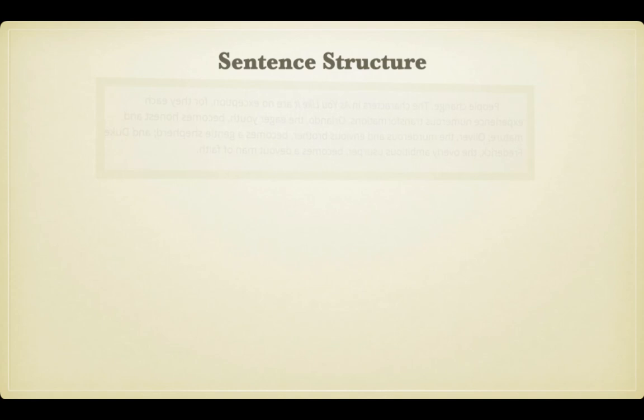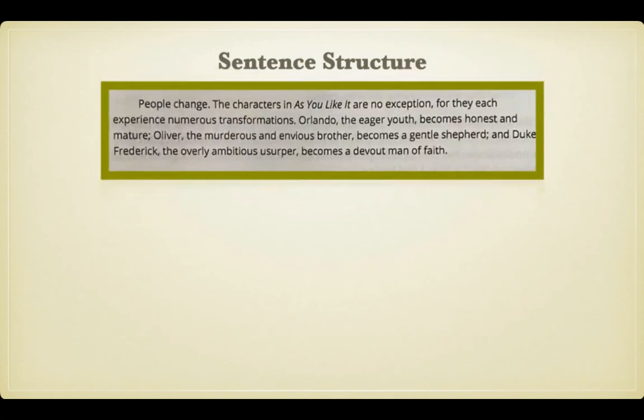The third way to emphasize ideas is by using a different or unexpected sentence structure. These sentences stand out to the audience because they're different from the rest of the text. For example, read the following paragraph. People change. The characters in As You Like It are no exception, for they each experience numerous transformations. Orlando, the eager youth, becomes honest and mature.